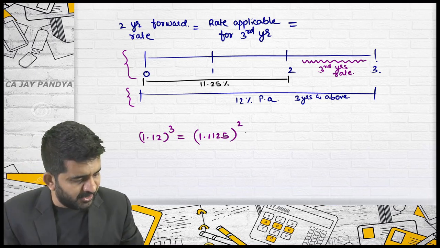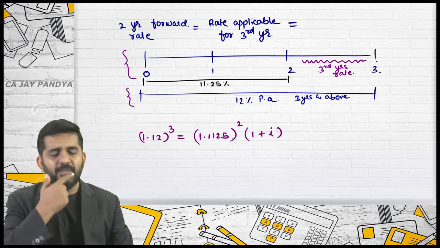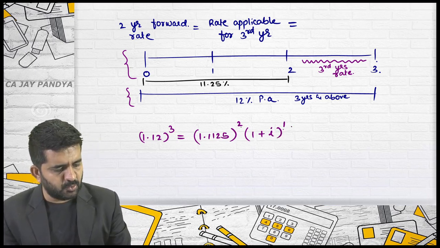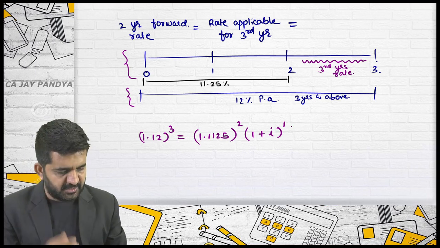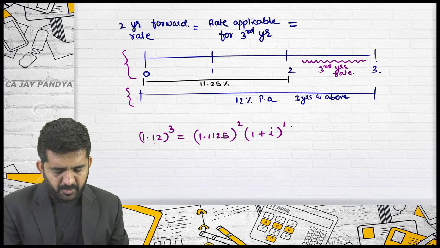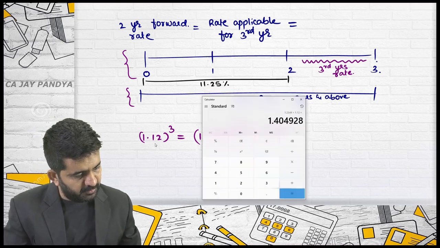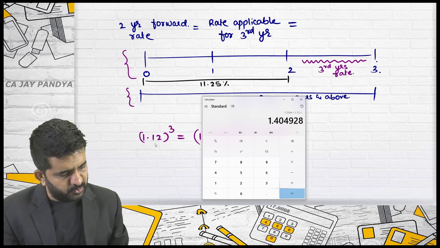And for the third year, I will be getting interest, which I do not know, 1 plus I raised to 1. So this is also 3 years of interest, 2 plus 1. What will be the answer? 1.12 raised to 3 is 1.4049.